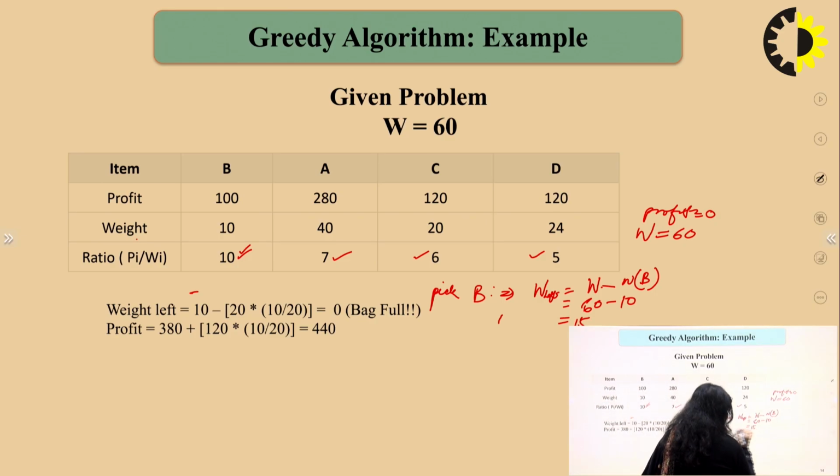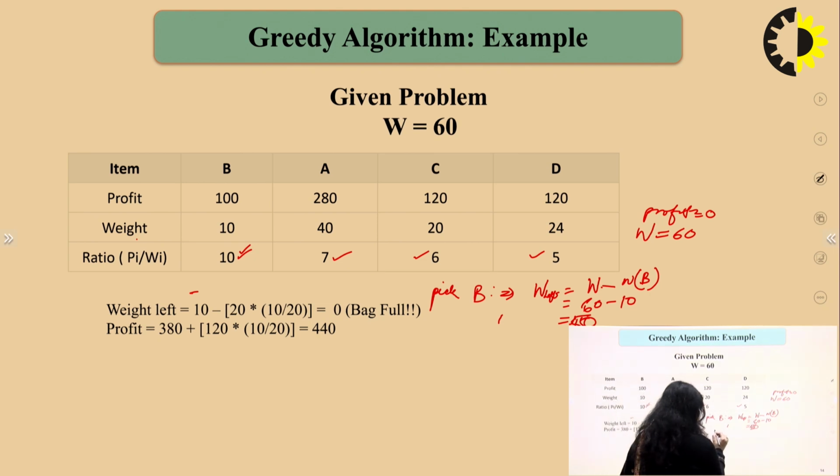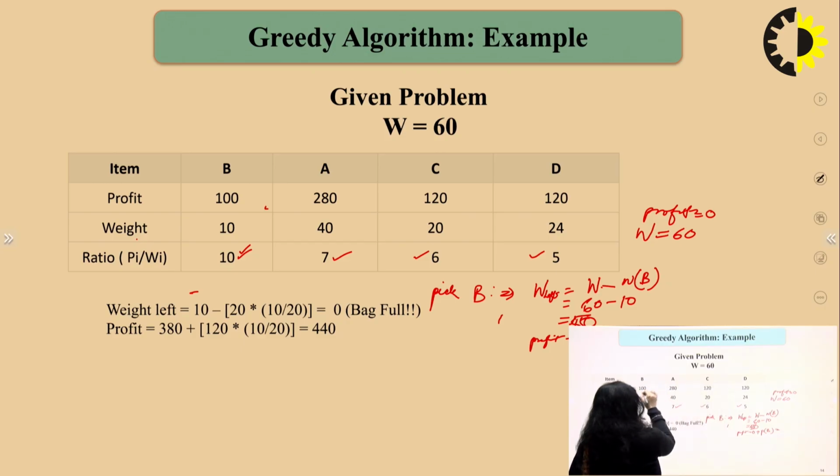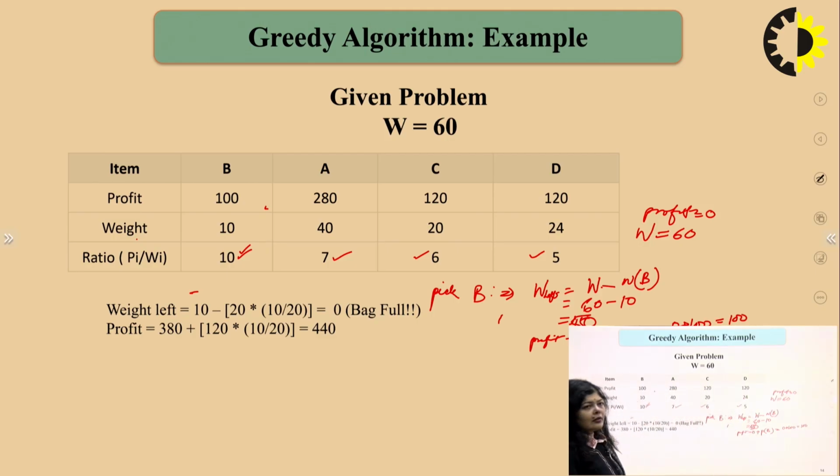So the remaining weight of my knapsack after adding B will be 50, and the profit I am earning will become 0 plus profit of B, which comes to 100, as you can see here. So 0 plus 100, now you will get a profit of 100 rupees. That way we have first added the first object.